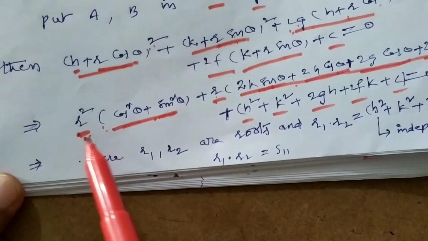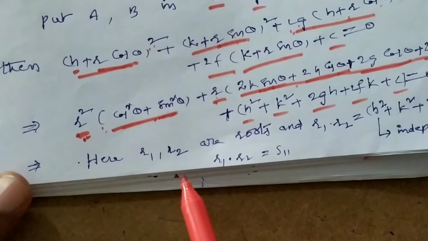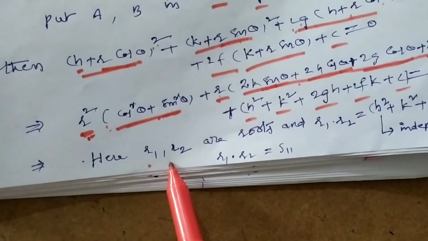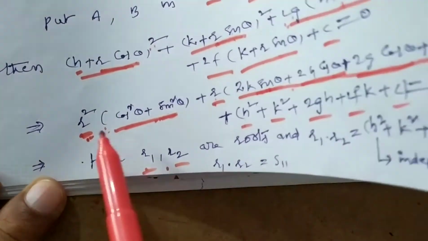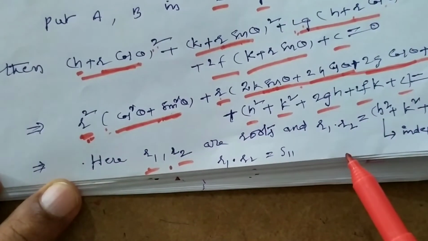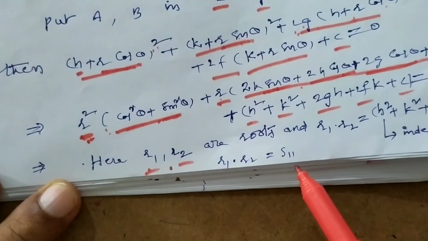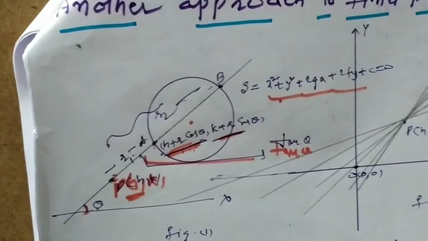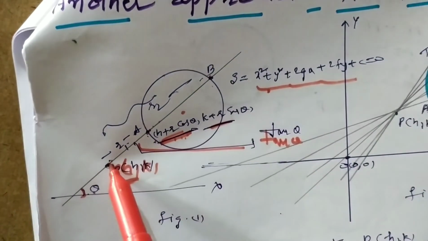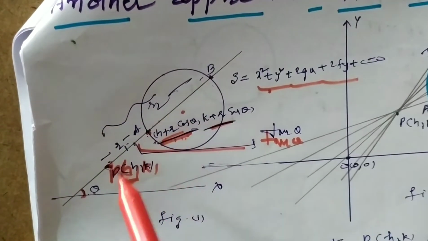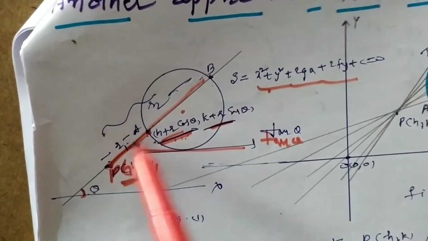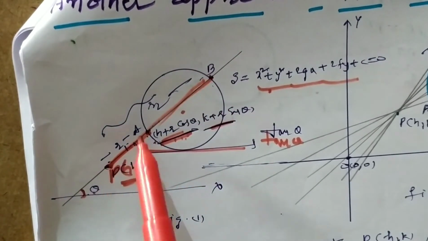This quadratic equation gives two values, r1 and r2. Let us consider r1 and r2 as the roots of this quadratic equation. These r1 and r2 give the distances from P to the points of intersection with the circle, so PA and PB are r1 and r2, the distances where the line meets the circle.